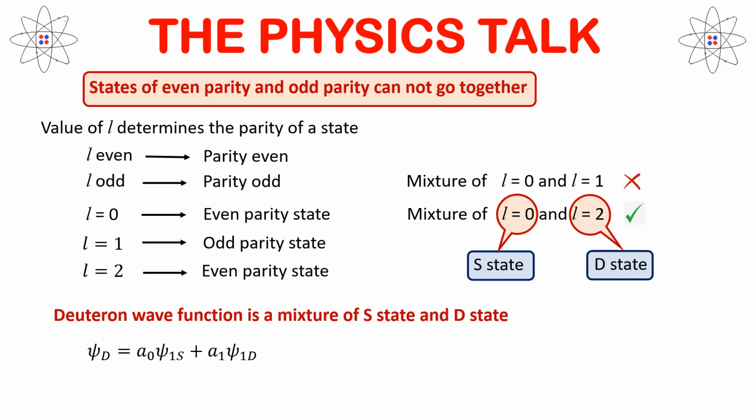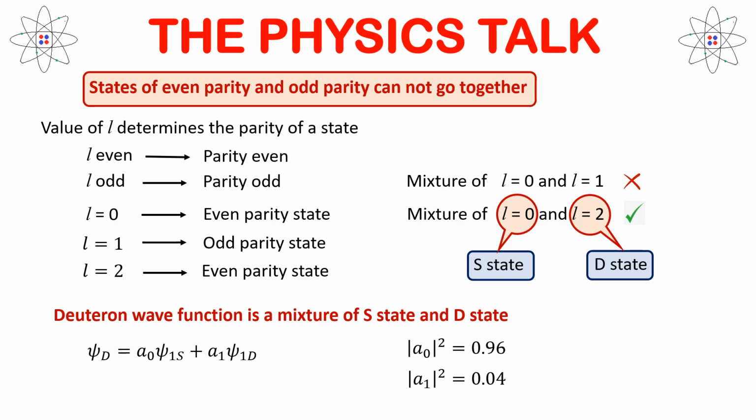The coefficients a0 and a1 determine the weightage of these two states. It is found that if mod a0 square is 0.96 and mod a1 square is 0.04, the calculated magnetic moment tallies with the observed value.